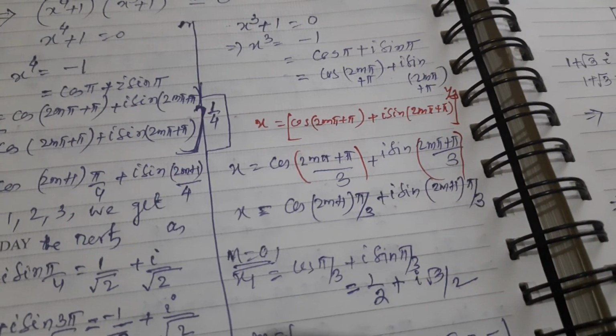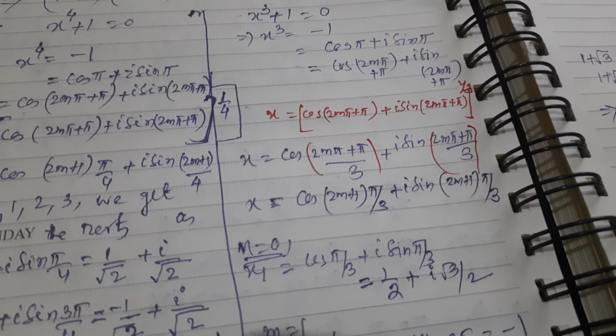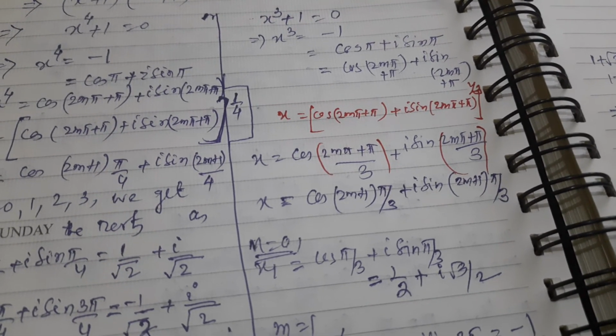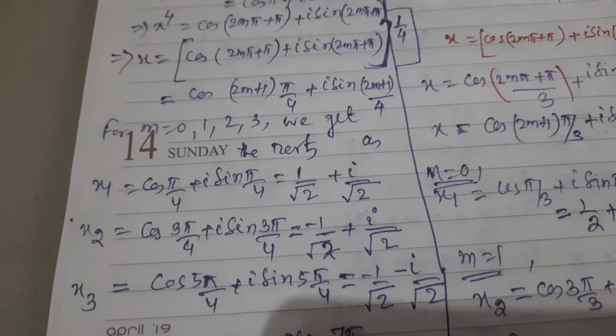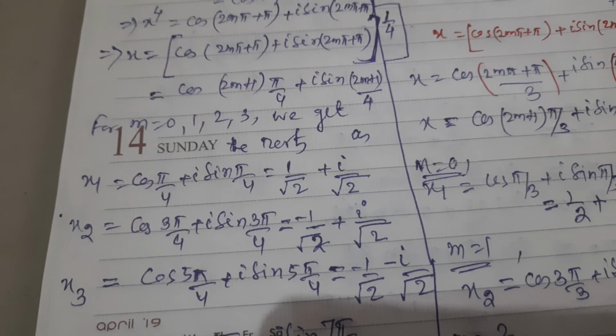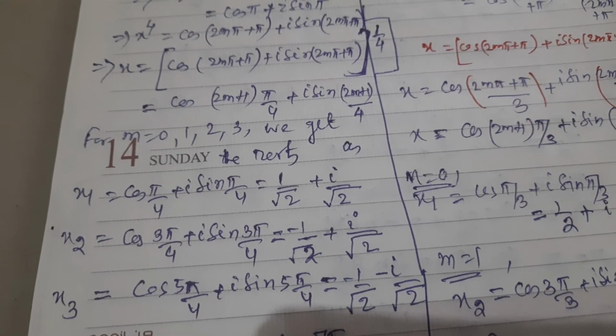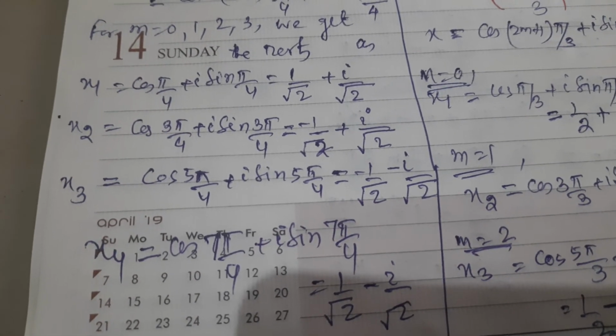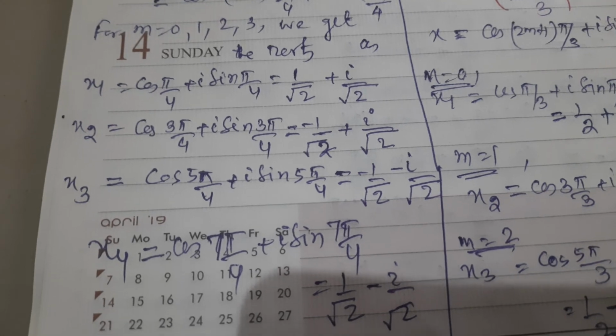In the right hand side we are getting cos((2m+1)π/3) + i sin((2m+1)π/3). For the left hand side we will substitute m = 0, m = 1, m = 2, m = 3 and m = 4. So we will find x1, x2, x3, x4.